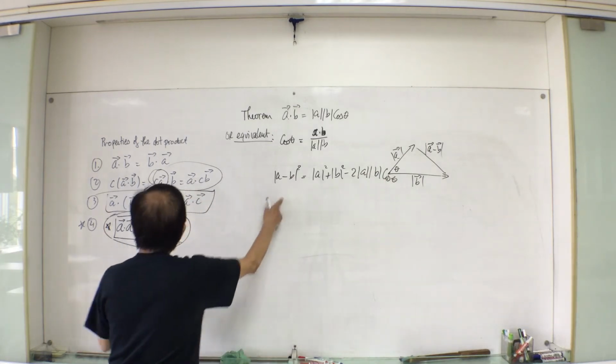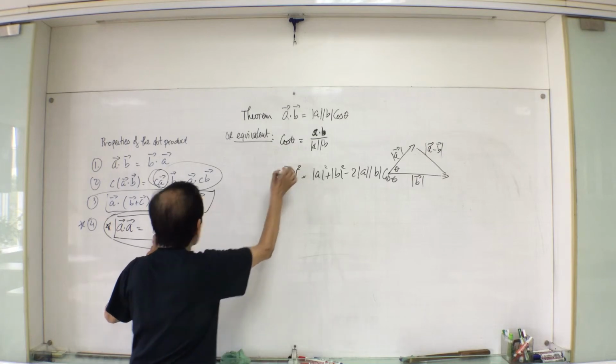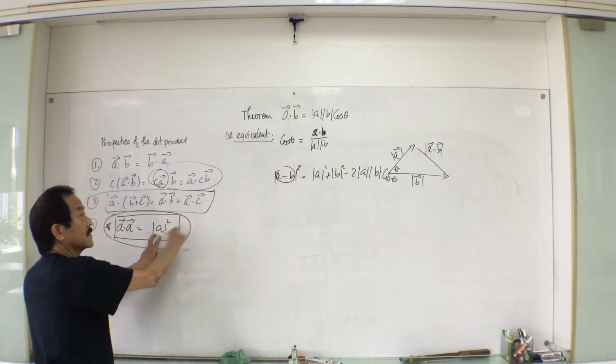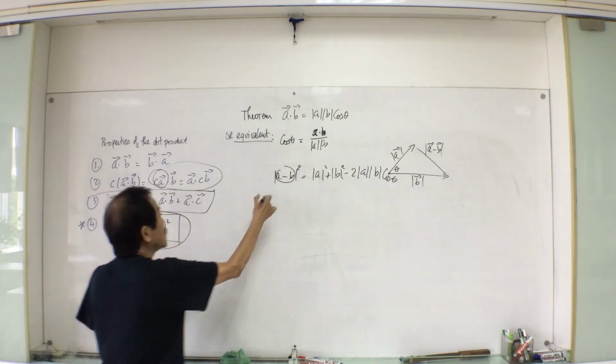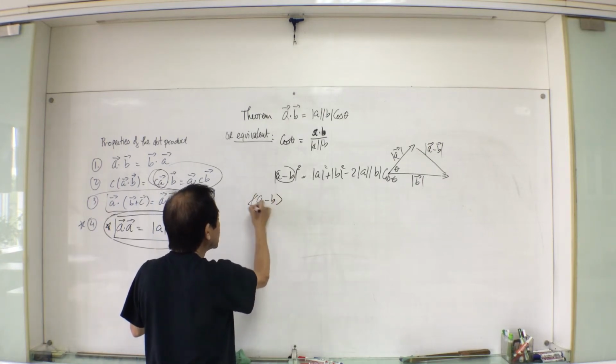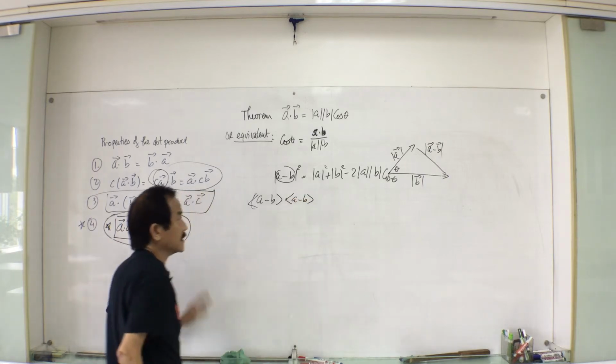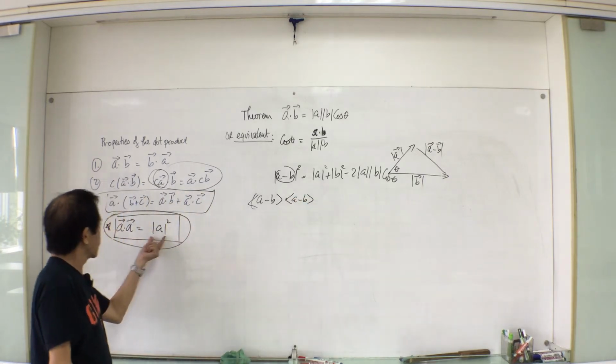So what does it mean? Look at this. This one we substitute for the vector A, right? So absolute vector A square equal A dot A, that means A minus B dotted with A minus B. You dot two vectors, right?